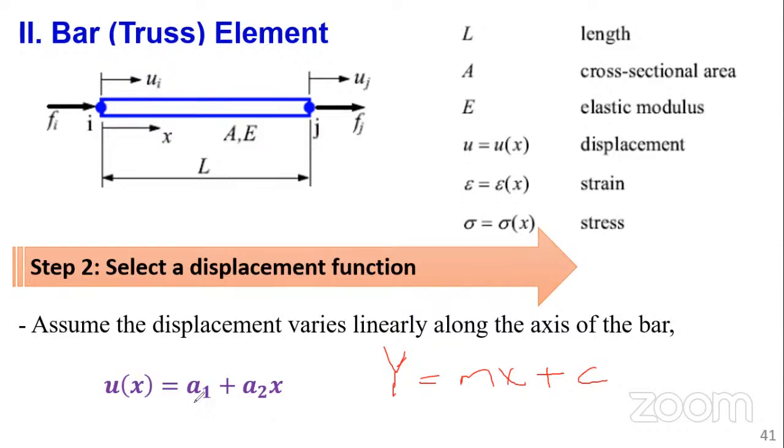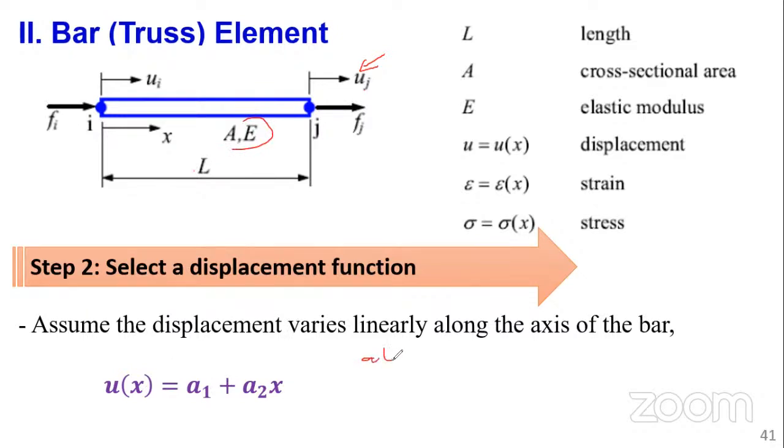So our stage now is to express a1 and a2 in terms of our unknowns. You deal with what is given. Our quantities are displacement, length, and anything else that is given. It's very simple.